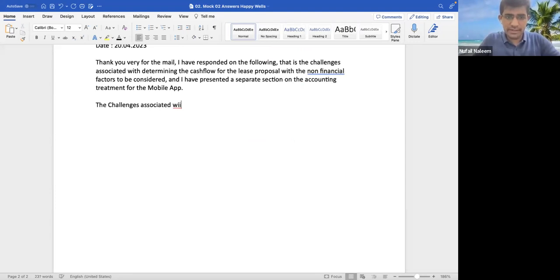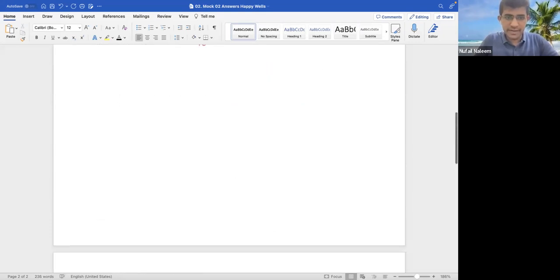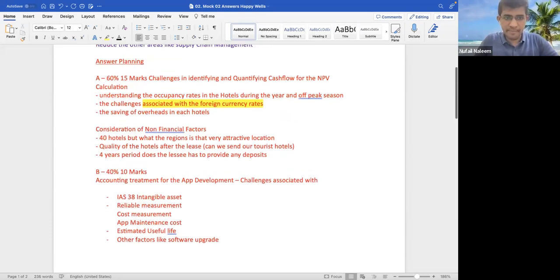So I'll write down here the challenges associated with determining the cash flow are, so I'll write down explanatory wise.